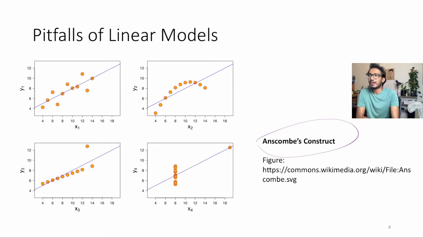Anscombe's Quartet is four datasets that have very identical statistics when we compare them.